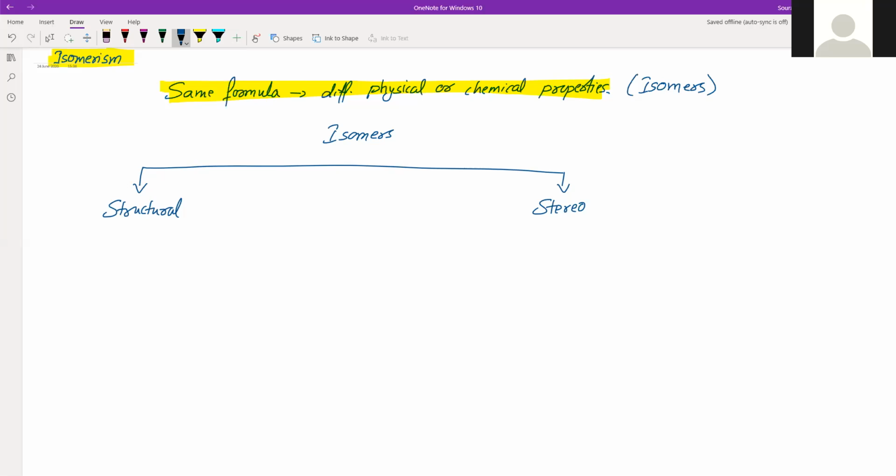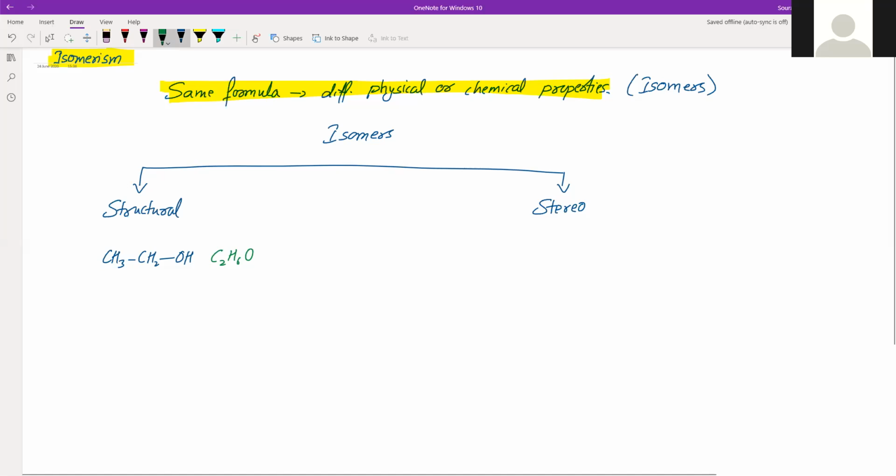A very basic example of structural isomers is, say, we have CH3CH2OH. This is an alcohol, and if I want to write its molecular formula, it will be C2H6O. There are two carbons, 6 hydrogens and 1 oxygen.